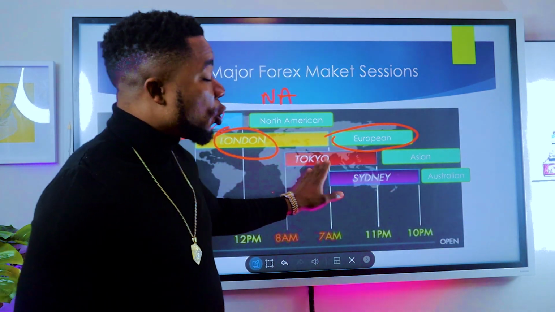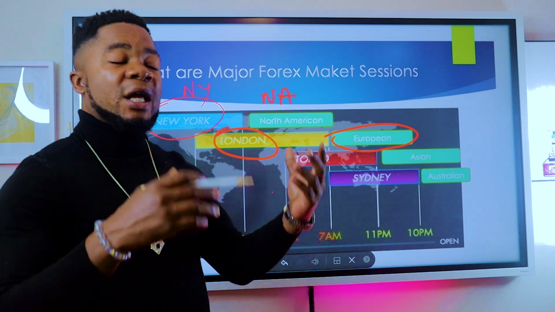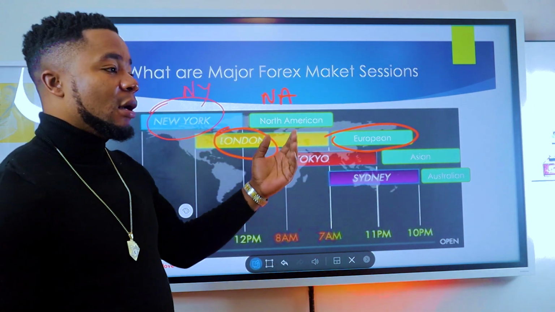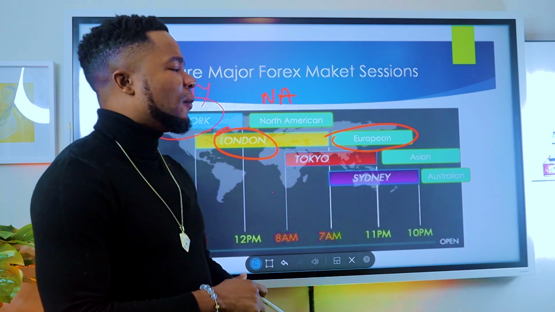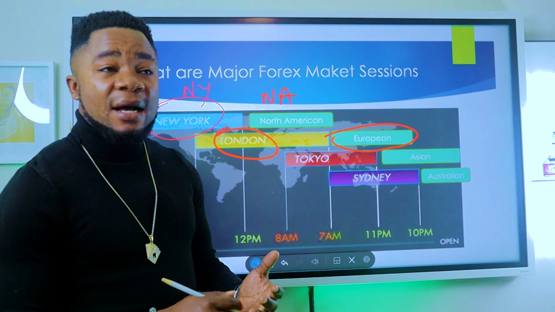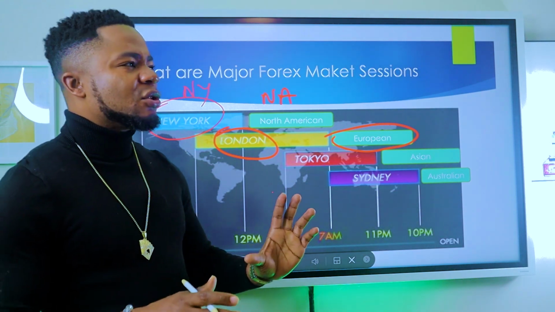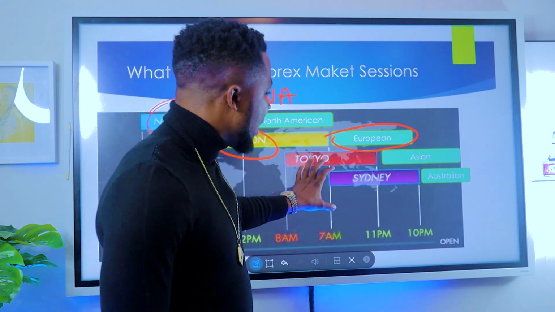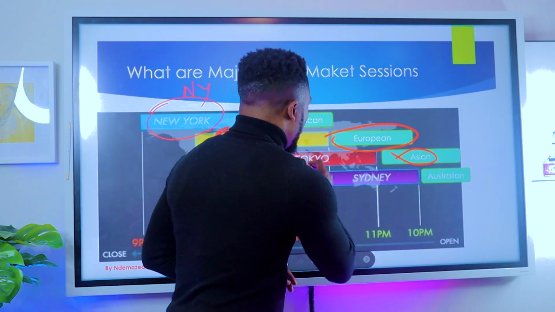The third one is the Tokyo or the Asian session, for Asian countries like Tokyo, China, Taiwan and all of that.